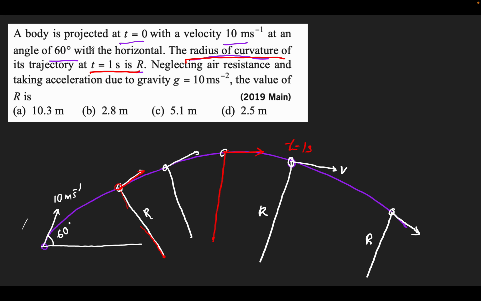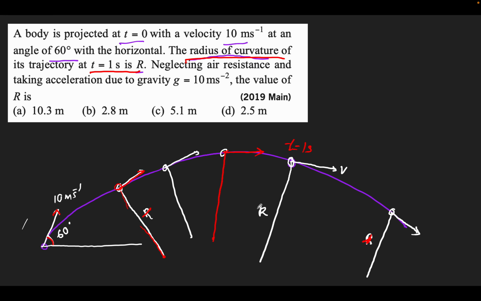So let me read the question again. A body is projected at t equal to 0 with a velocity 10 meter per second. A body is projected from here with an initial velocity. At t equal to 0 it has a velocity of 10 meter per second. That means its initial velocity is 10 meter per second, and it is projected initially with an angle of 60 degree. The radius of curvature of its trajectory at t equal to 1 second is r. So this is not r; these are for your understanding.